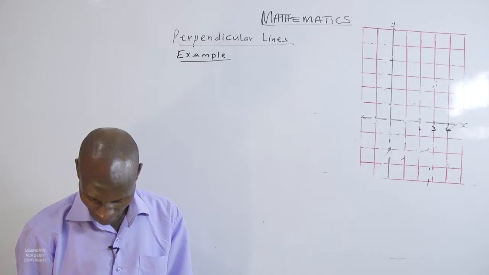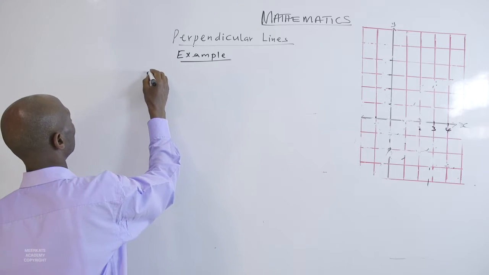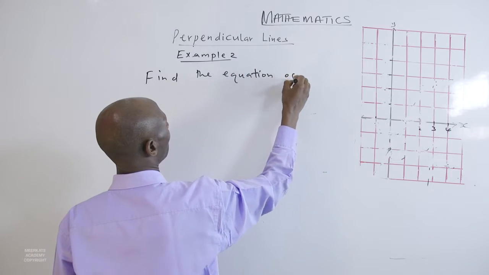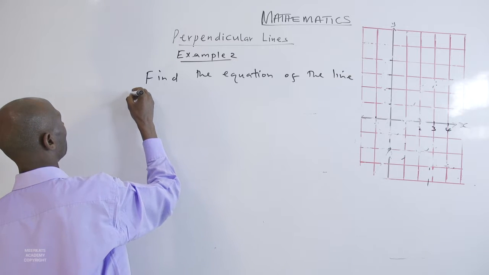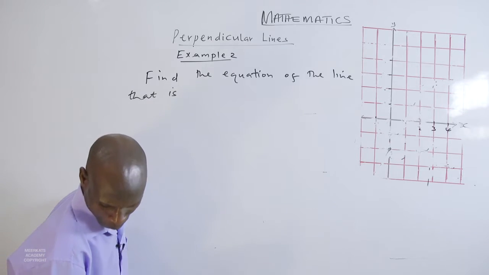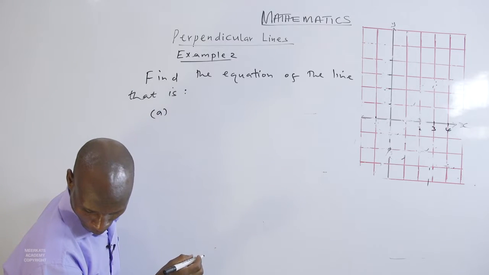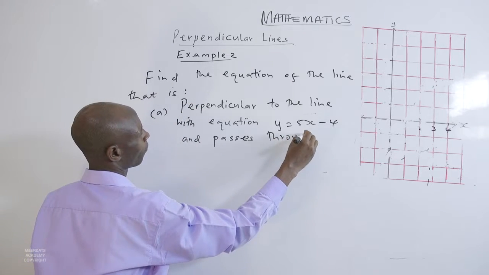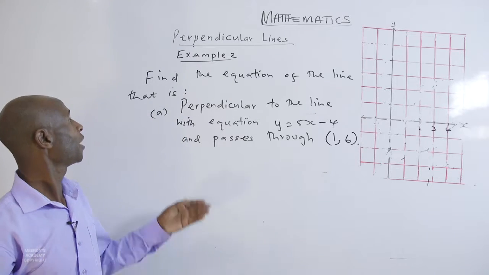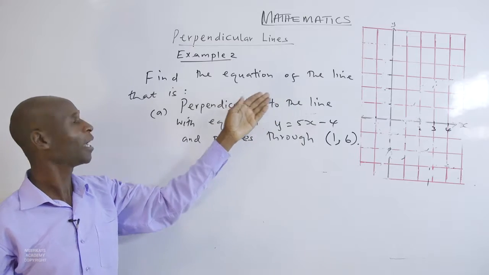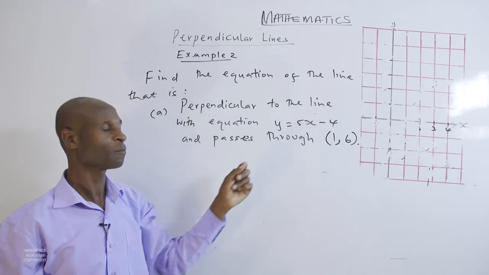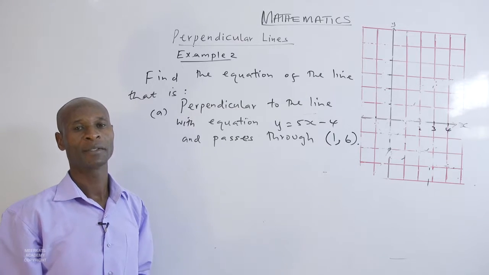Find the equation of the line that is... So in that particular example 2, you are required to find the equation of the line that is, part A, perpendicular to the line with the equation y is equal to 5x minus 4, and passes through the point 1, 6.